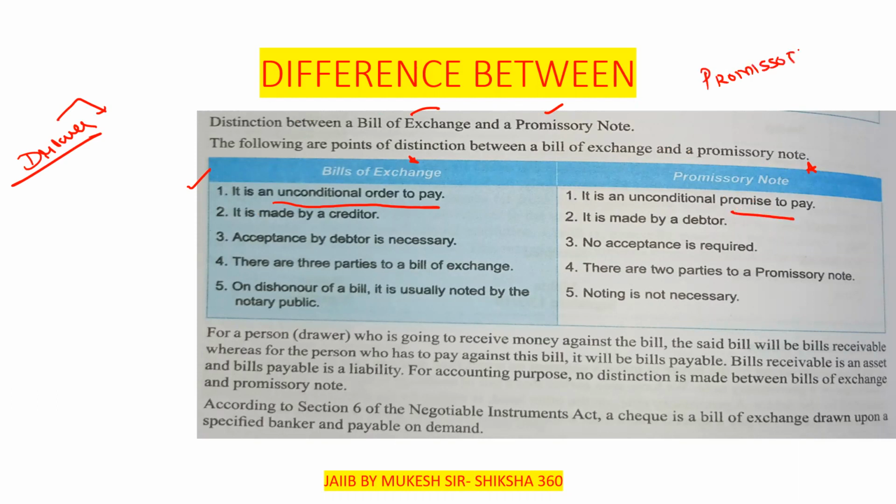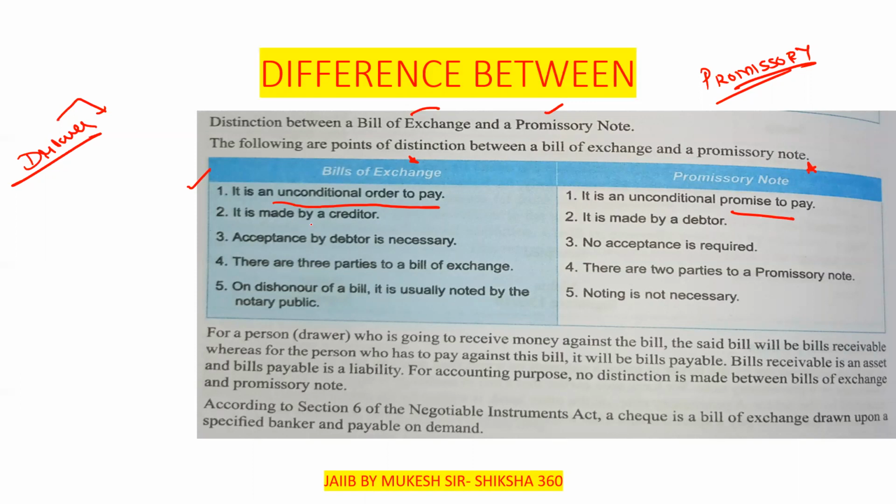I am making a promise to you that I will pay this much amount to you on a specific date. This is what you have to remember: a bill of exchange is an unconditional order to pay, and a promissory note is an unconditional promise to pay.